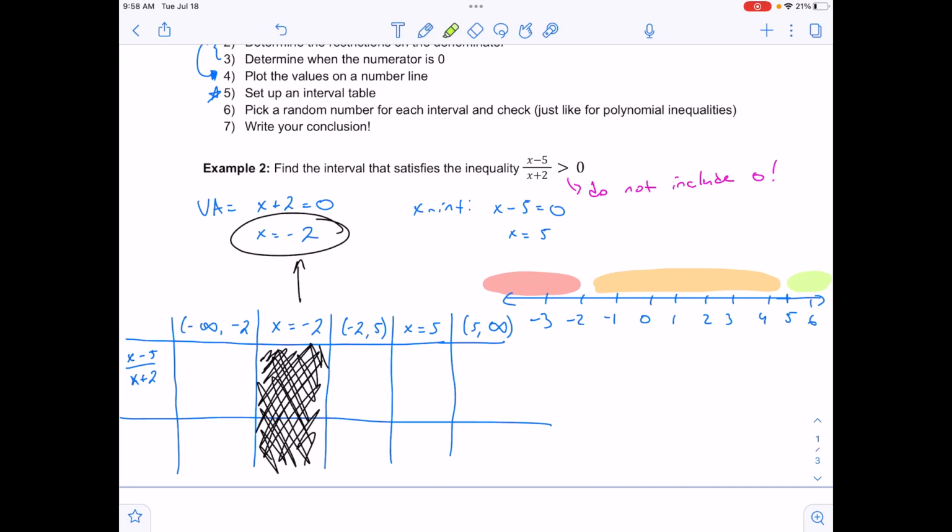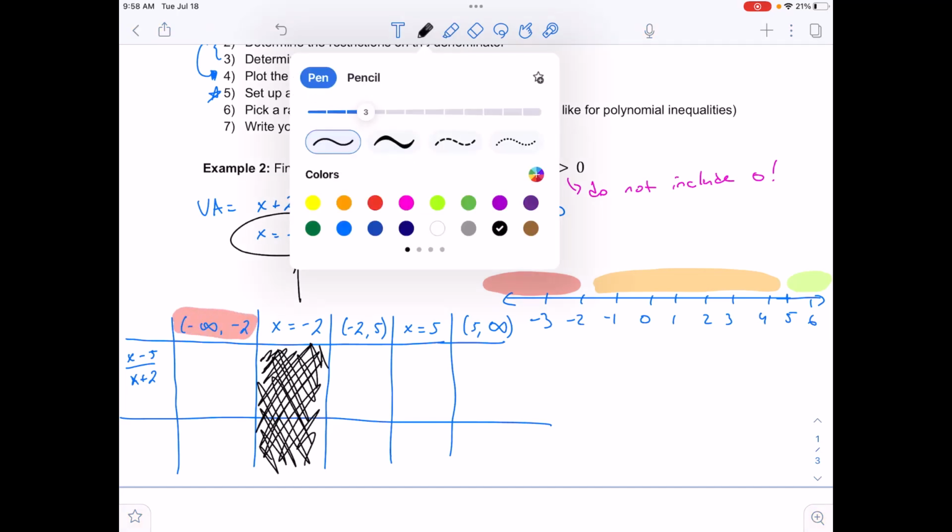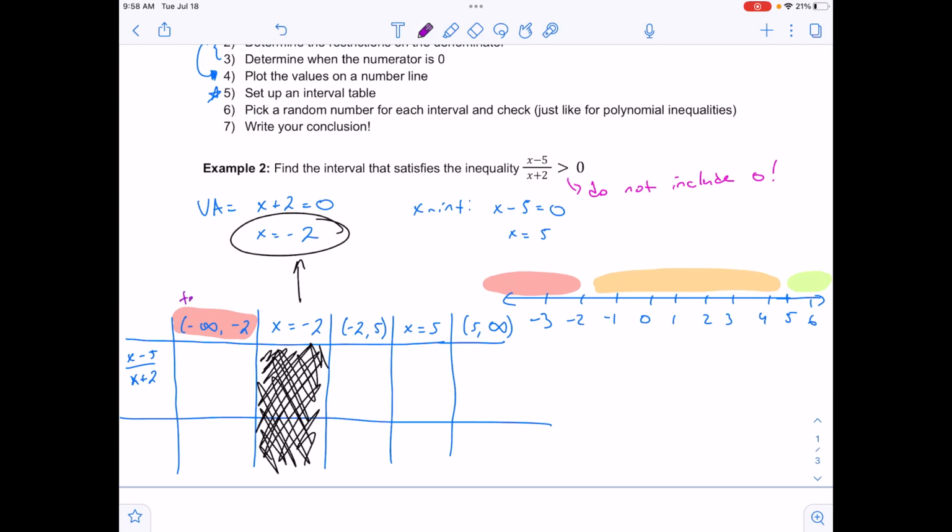Okay? On our first interval here, between -infinity and -2, I'm going to check the value -3. And I'm going to check into my function here. -3 minus 5 is -8, so I'm going to write a little negative there. And then my denominator will be -3 plus 2, which is also a negative.